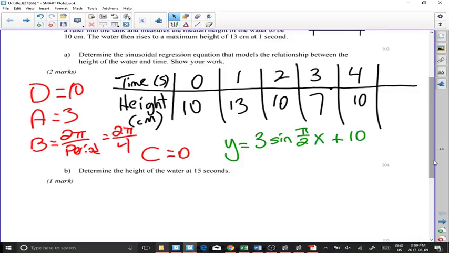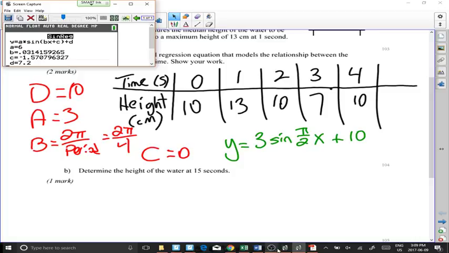You've got a 3-hour exam to write next week. If you're in the exam and you get a question like this, throw in your calculator. Let it do the work. Don't do any extra thinking if need be. Because let's go ahead and do the graphing calculator, and you'll see that we get the same answer.